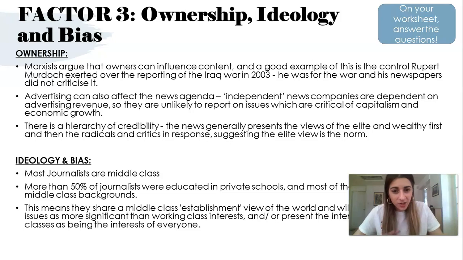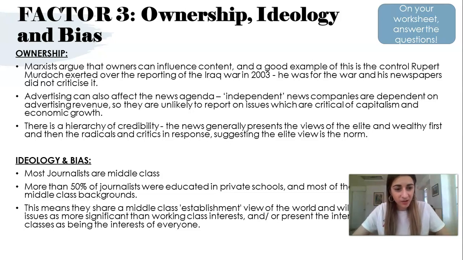Generally speaking, when you look at the news, first up, what they'll bring on to talk about an issue will be someone who is wealthy and someone who is elite. They're brought on the screen as a specialist. Then after that, they will bring on radicals and critics, people who will criticise the elite and the wealthy.